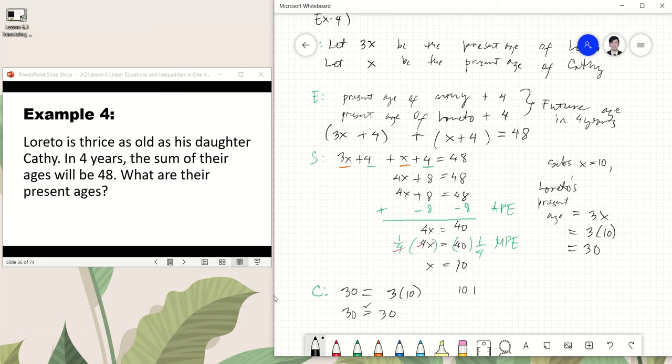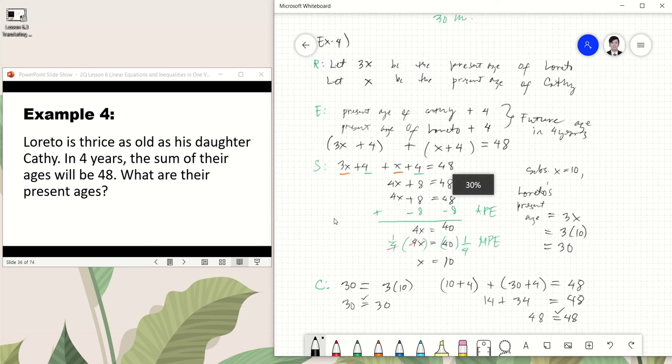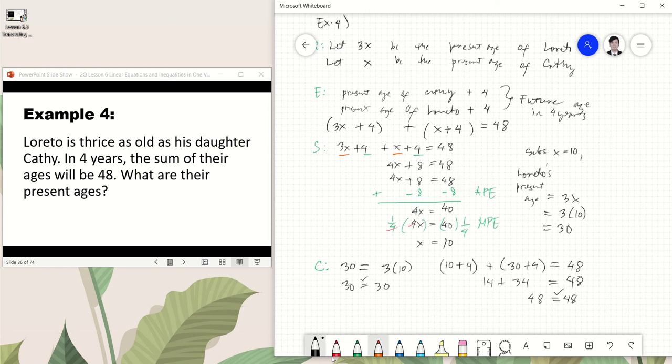So that's 10 plus 4. And then yung age naman ni Loreto 4 years from now, so 30 plus 4. So dapat yung sum, it will result to 48. 10 plus 4, 14. 30 plus 4 is 34. And 14 plus 34 is 48. Which is also true. So therefore, tama yung mga nakuhang sagot natin.